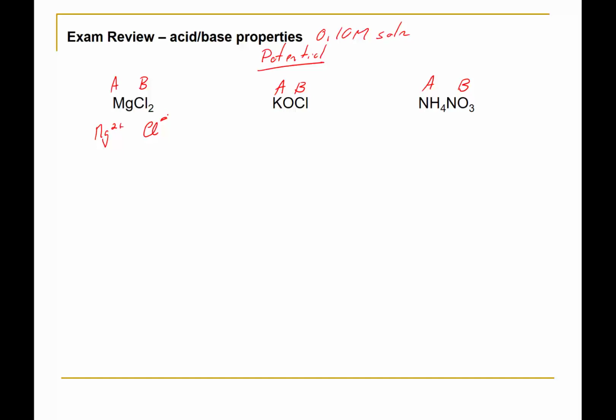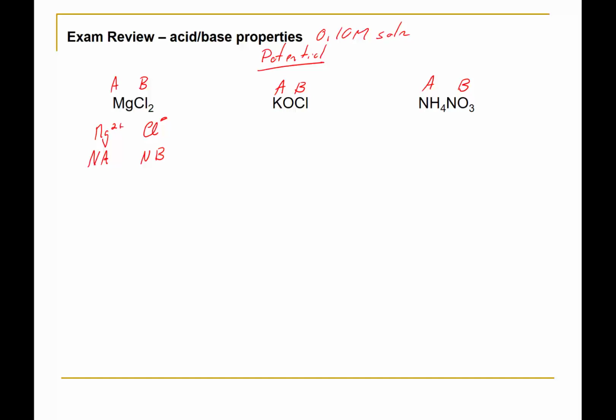Magnesium is found in the second column of the periodic table. It is an alkaline earth metal. Therefore, its hydroxide, magnesium hydroxide, would be a strong base, and this magnesium ion is therefore a negligible acid. In a similar way, the chloride anion comes from a strong acid, hydrochloric acid. As a result, this is a negligible base.